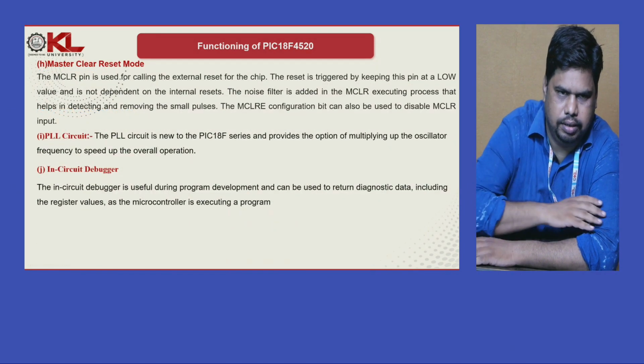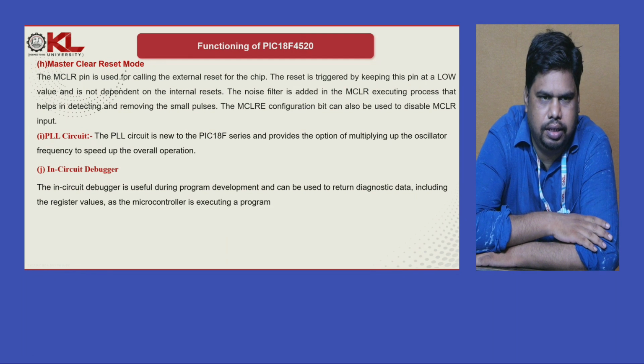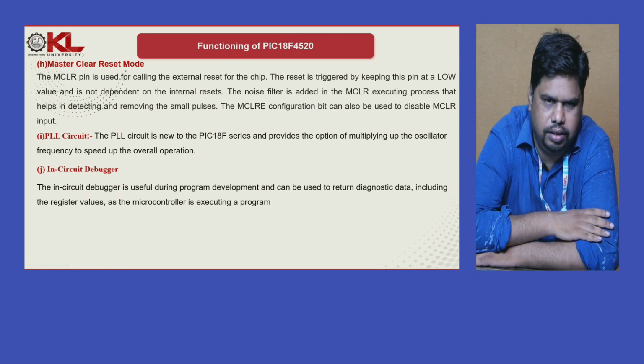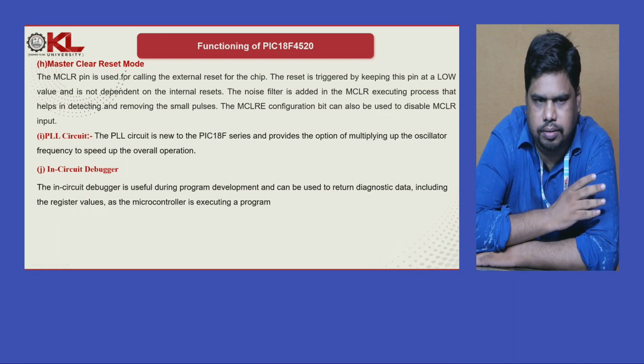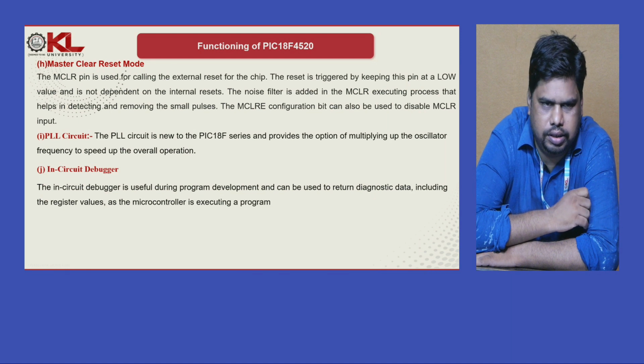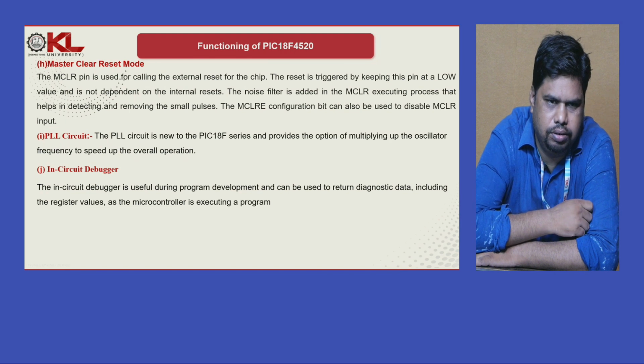Master clear reset mode. This master clear pin is used for calling the external reset for the chip. The power on reset and the brown out reset were the internal resets; this one is the external reset. The reset is triggered by keeping this pin at a low value and is not dependent upon the internal states.